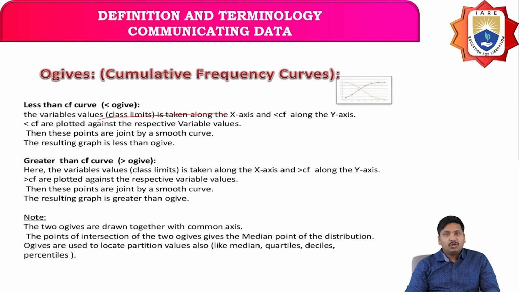Then the points are joined by a smooth curve. For the greater than cumulative frequency curve, the variables are taken on the x-axis and cumulative frequency on the y-axis, and these points are joined by a smooth line. Then the resulting graph is the greater than ogive.